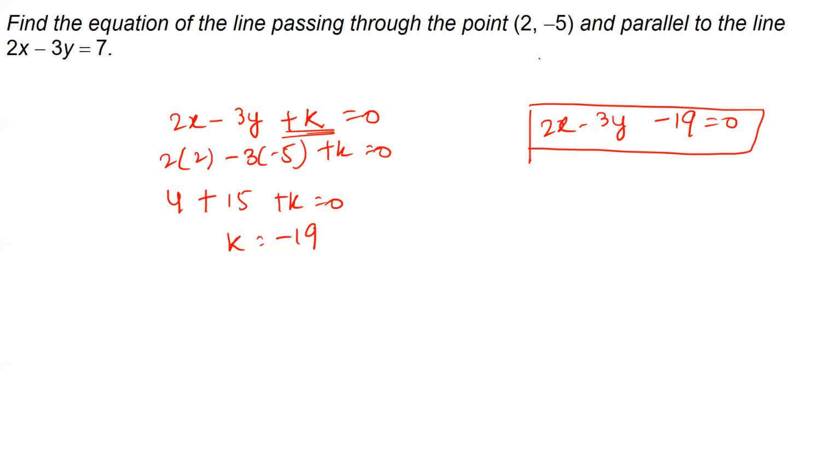Okay, because there are many lines which are parallel to this line. So to get the final answer, you have to have some additional information, right? This is the information that the question will be giving you, that it passes through so and so point, or it is having so and so slope. You can always use that to find out the required value of k and write down your final answer. Just replace the value of k that you get.